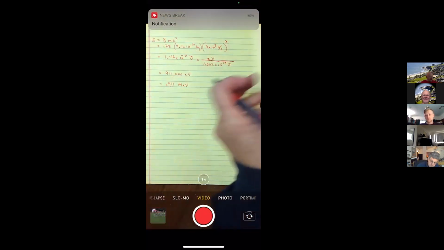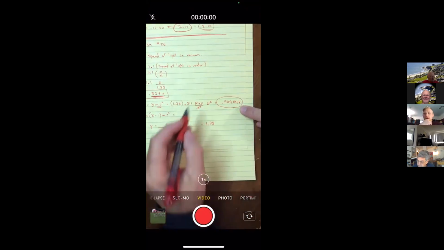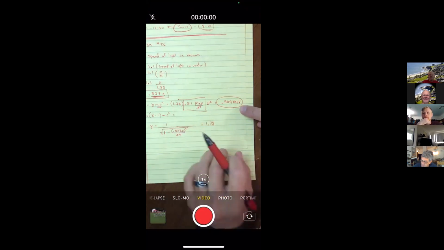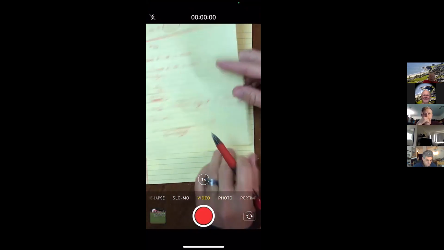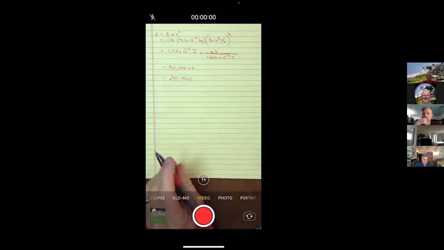And that's essentially what I got here when I just looked up the mass in mega electron volts. Hmm. So I think part of this is just weird units.